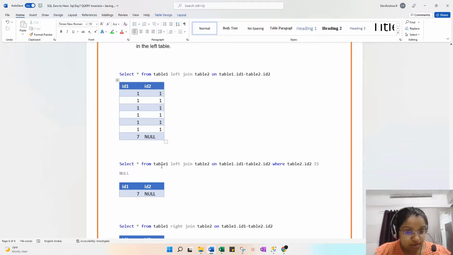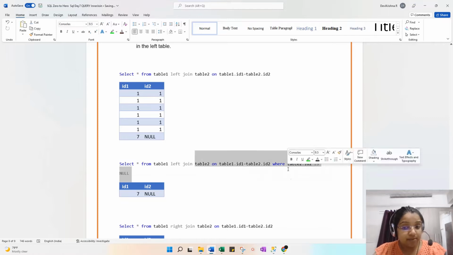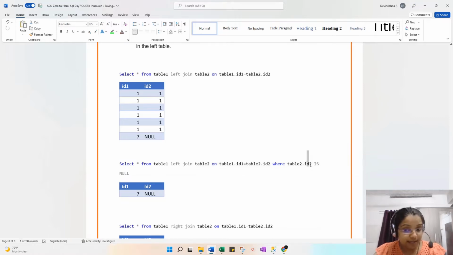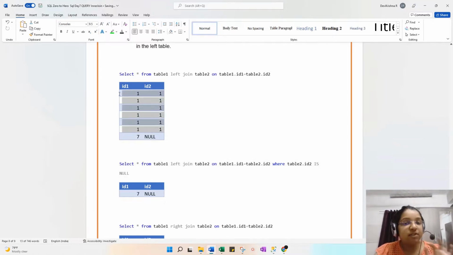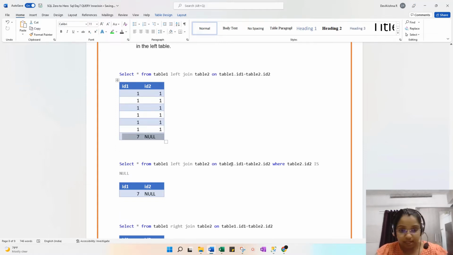But if I use the same query with WHERE table2.id IS NULL, we will get the remaining part. The joined part is removed and we only get the remaining part, because table2.id is null.